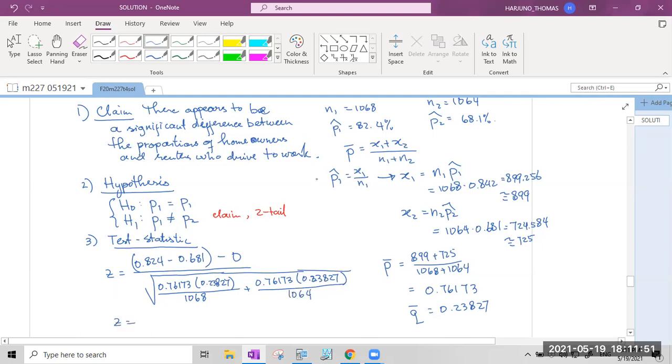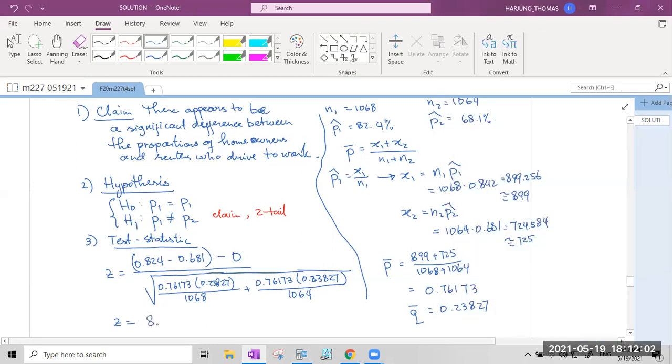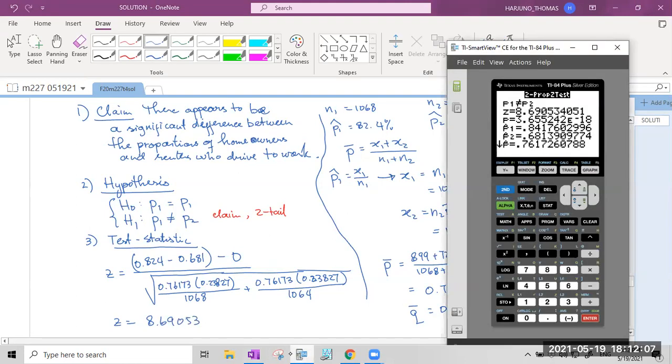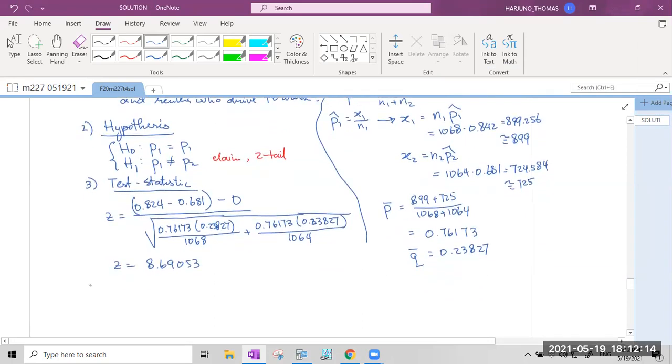Now, the good thing is if you use the calculator, then you can see the Z-score right away. That's 8.69053. Oh, that's a very, very big one. And the p-value is two-tailed, right? This is 8.69053, but you need to double it.